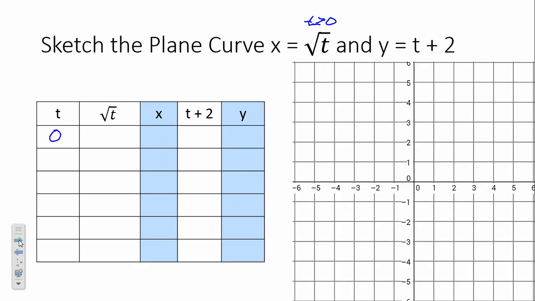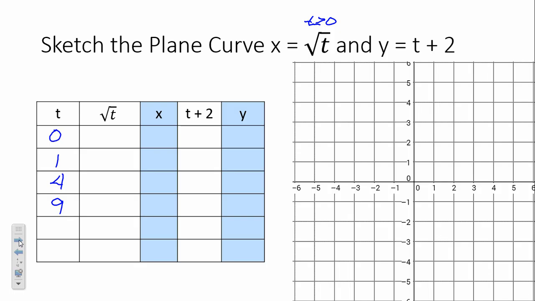Because we can take the square root of 0 relatively easily. 1's a good number. We can take the square root of 1. Can we take the square root of 2 very easily in our heads? So what should we pick next? 4, and maybe 9, right? And then we might get too big that we can't use it all.